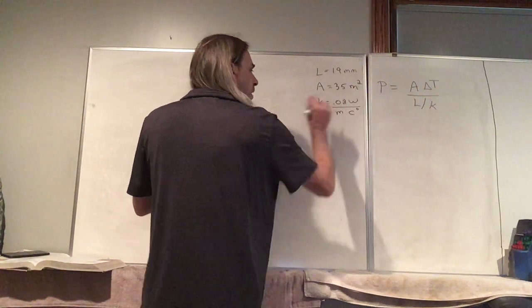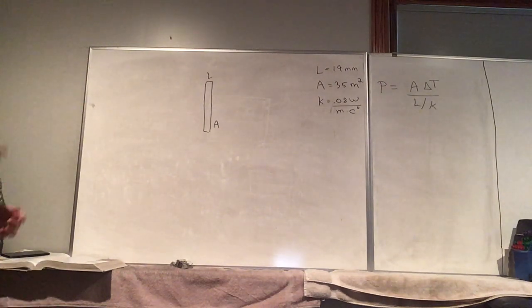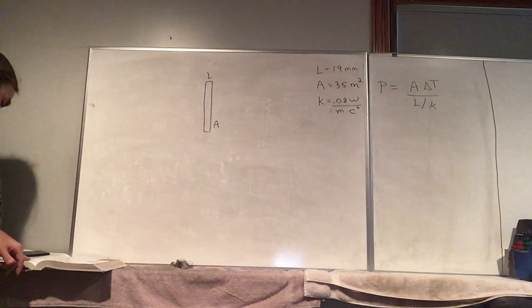We could write joules, and then on the bottom, seconds times meters times Celsius degree. But a joule over a second is a watt, so let's just write it like that. Okay, now we've got the plywood.